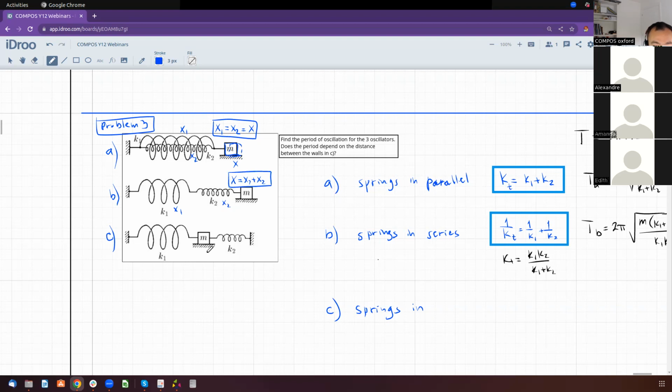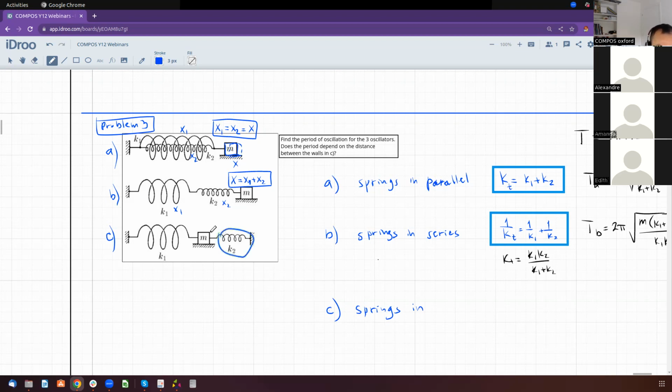Which one do you see here? Is it this situation, or this situation? Is the displacement of the mass the total displacement of the springs, or is it parallel? Yes, parallel. It wouldn't be any different if we move that spring onto the other side.